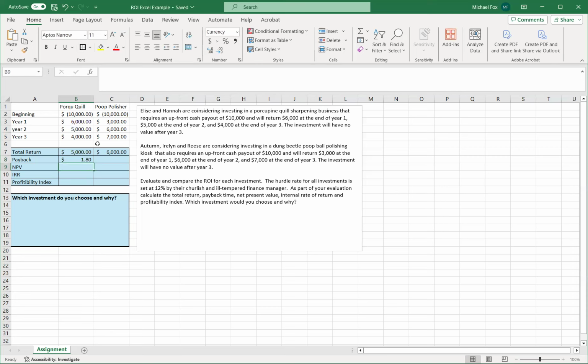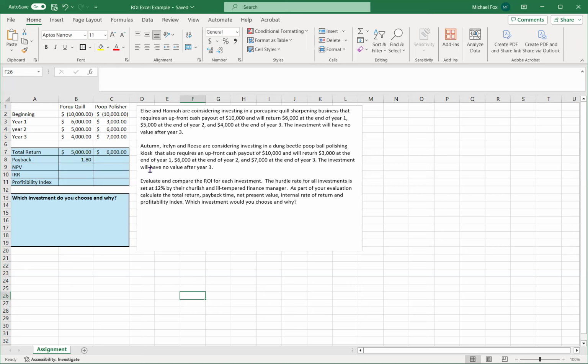What this will do is give me a number. We don't want it as dollars though, we just want it as a decimal: 1.8. So even though we're going to get paid back in 2 years, we're actually going to get paid back 5,000 in the second year. So it took the whole first year plus 8/10 or 80% of the second year for us to get our money back. So that's how we do payback.